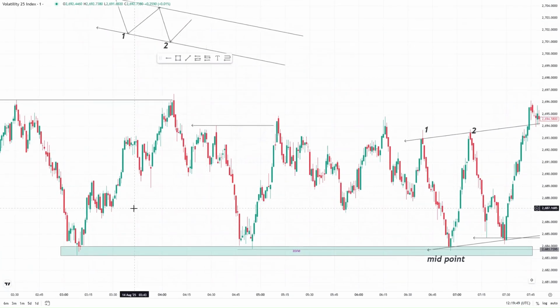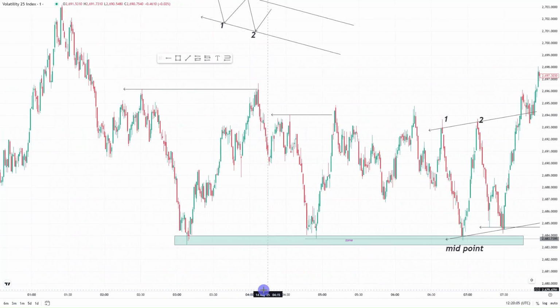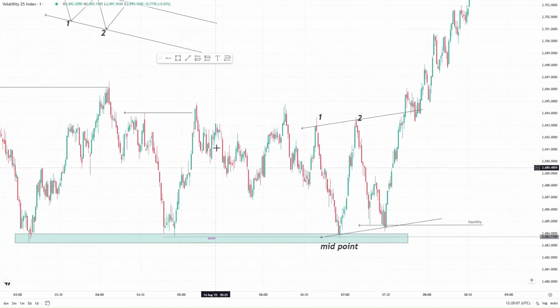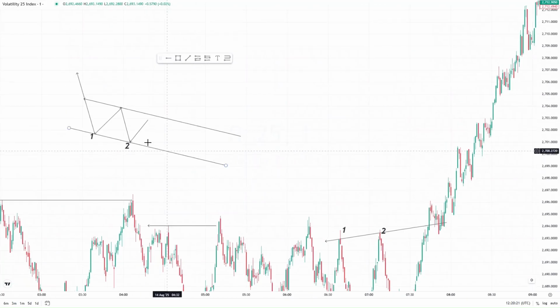Yes, we can all identify that there was a rejection at this level, but not everyone was patient enough to realize that price is not gonna change directions after that. So a lot of people traded that, and then price started to drop, and liquidity was also taken there.